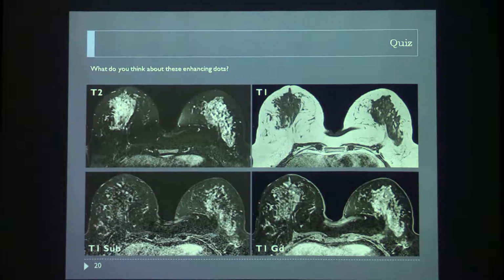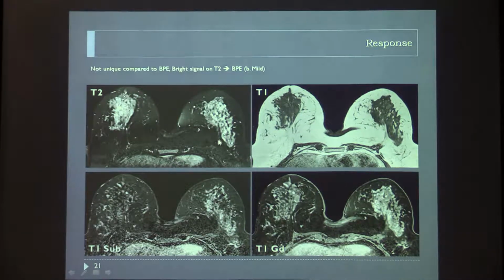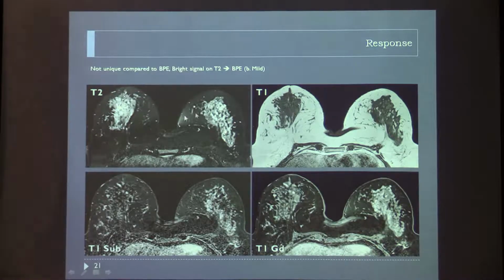So what do you think about these enhancing dots? So actually, if you compare, there are exactly the same dots in both breasts. They are completely symmetric, in both breasts. This is also associated with bright T2 signal.